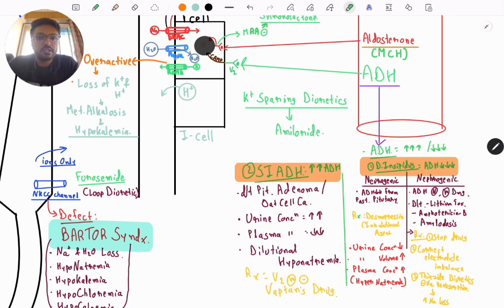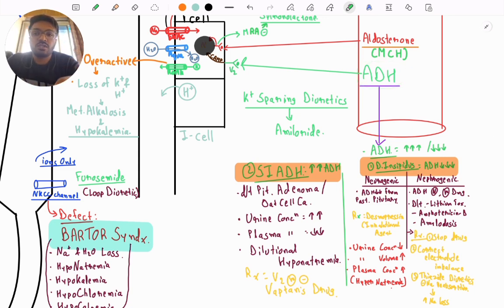So this thing can be solved. Next, in our neurogenic diabetes insipidus, where ADH is coming less from the pituitary, we will be using a drug called desmopressin. Now this drug will lead to more secretion of antidiuretic hormone from the posterior pituitary. Without it, what will be happening in this situation is that there is no ADH, so it won't be doing its normal function, which is taking back sodium and water.